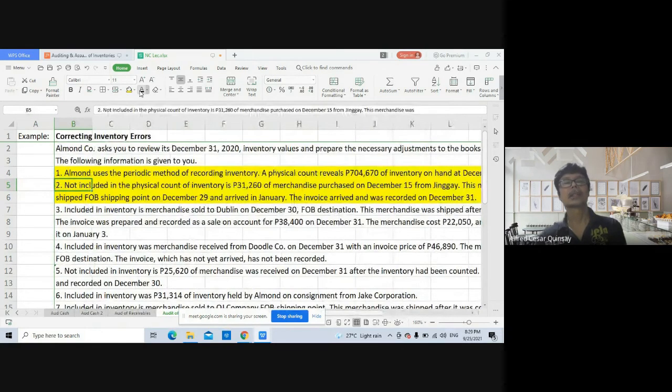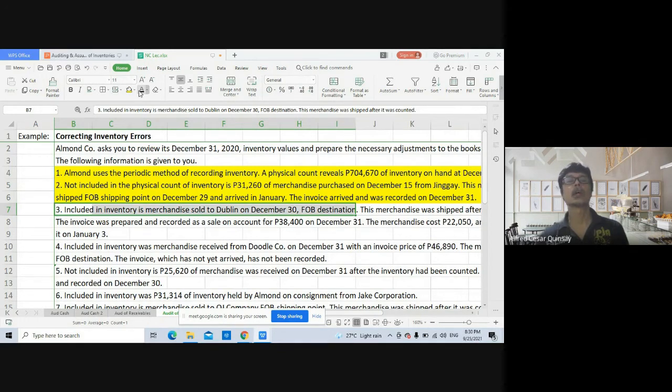And then next, included in the inventory is merchandise sold to Dublin on December 30, 2020, FOB destination.